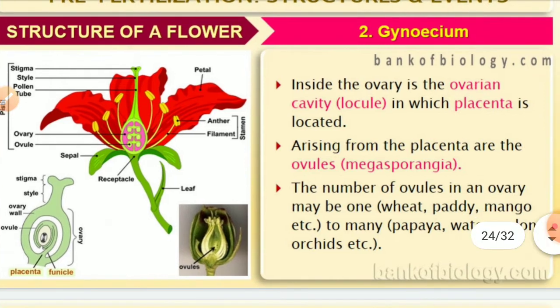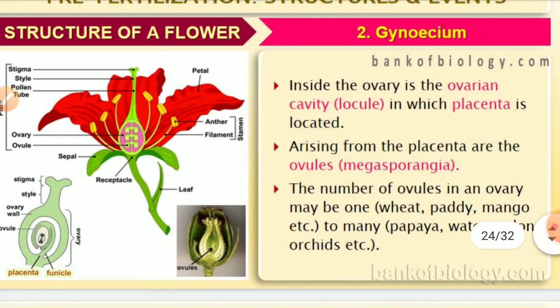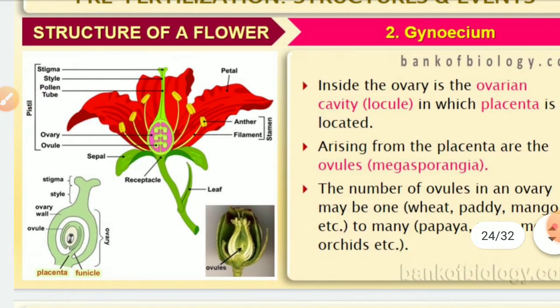Now the number of ovules in an ovary may be one, for example in wheat, paddy, mango, etc., to many, like in papaya, watermelon, and orchids. So the number of ovules in an ovary varies from species to species.